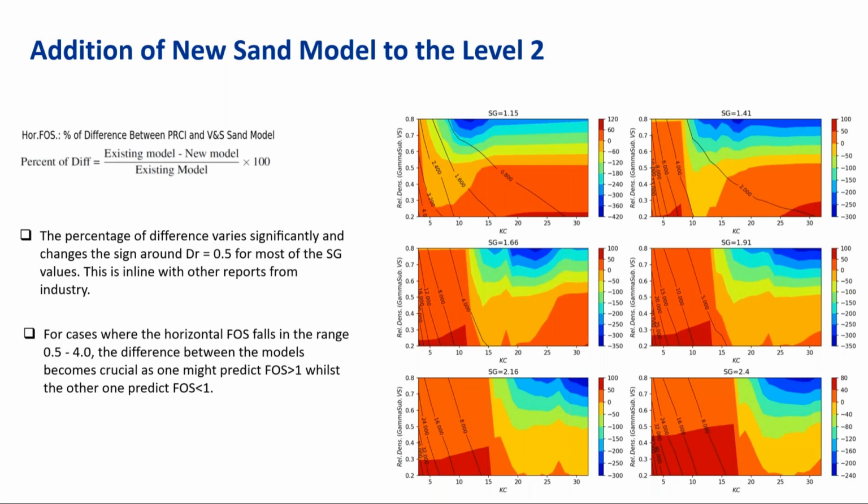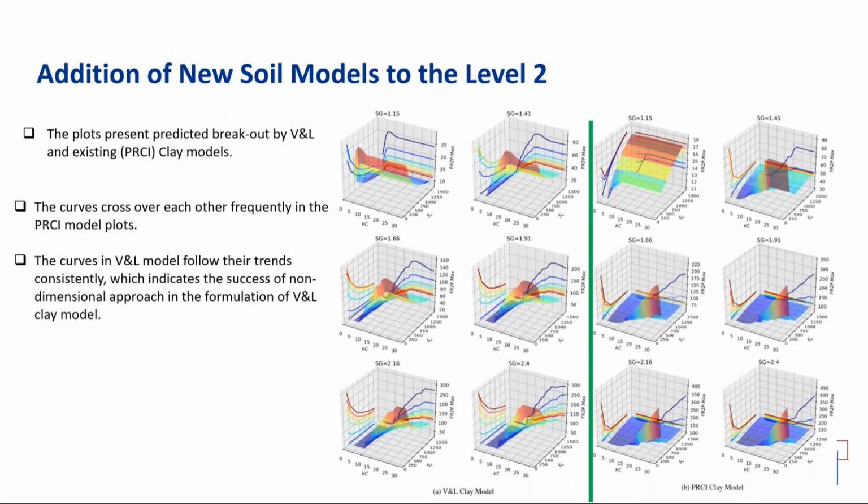But we could see in some cases we get a really large difference in the predictions of these breakout forces. And this soil model selection validation is still a hot topic, and we are still working on that topic as well. Thanks. So next slide, please, Nick.